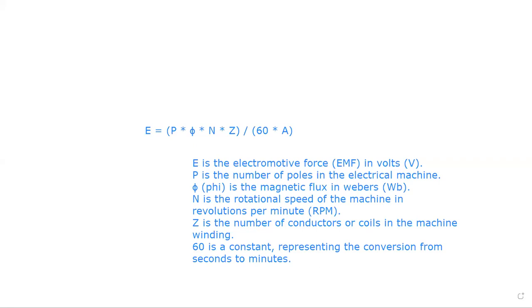Number of parallel paths for the armature winding. You want to write all this or is it okay? If you are writing, when you are finished, just let me know.